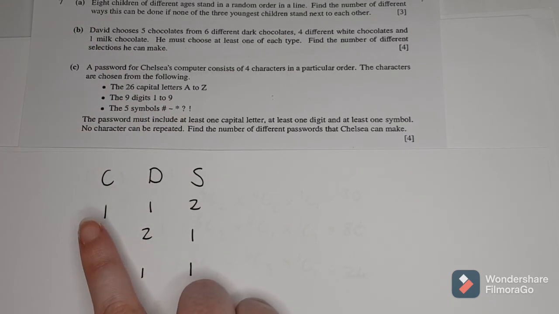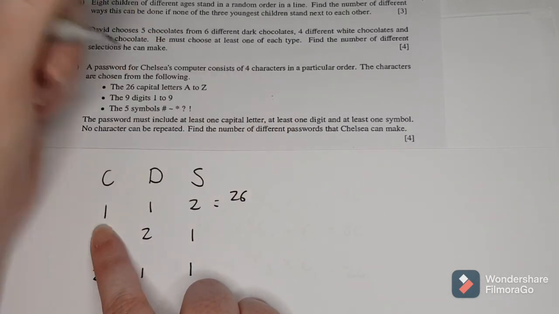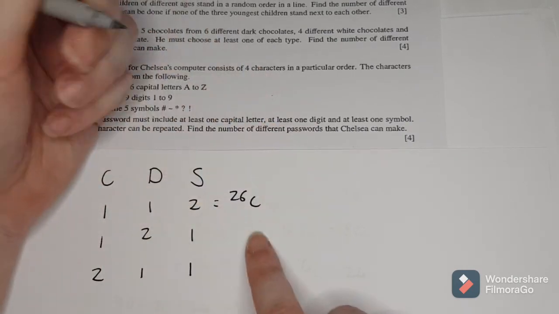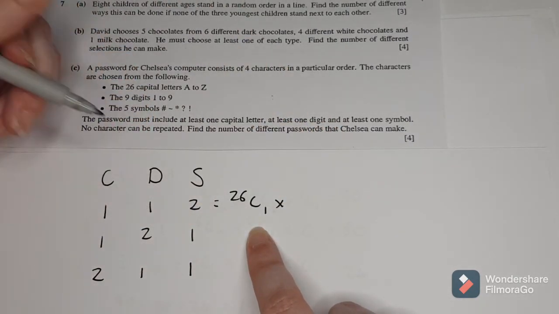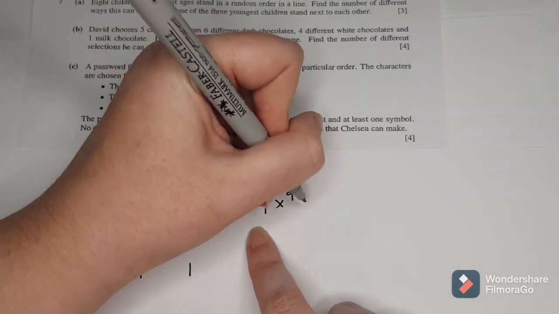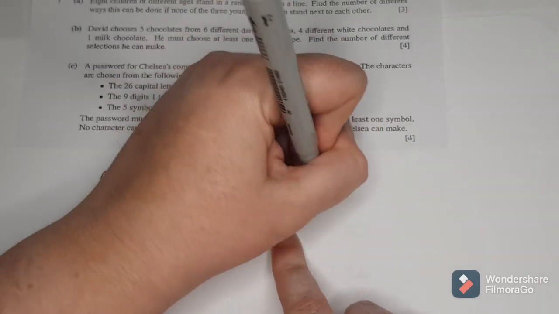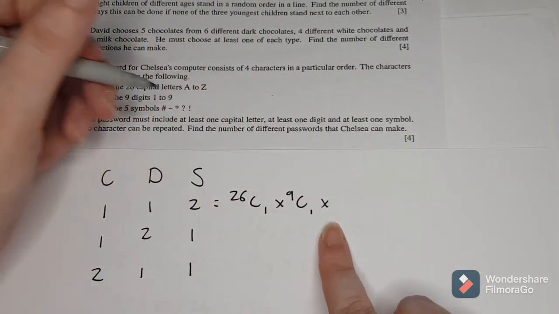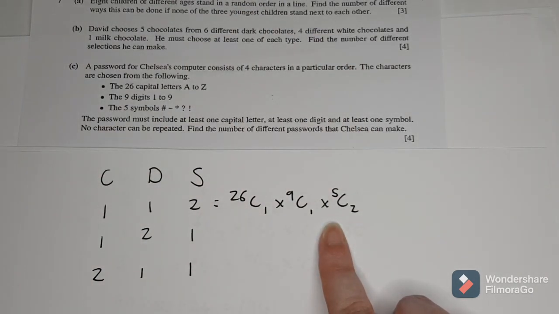So now if we look at our options, capital letters, there are 26 available, and she's going to choose just 1. And her digits, there are 9 available, and she is going to choose just 1. And her symbols, there are 5 available, and she is choosing 2 of them.